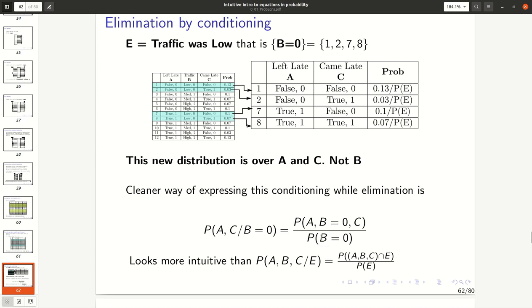Can we use this? Will it cause confusion? Because whether this is P of B equal to 0, or P of B obtained by marginalizing out A and C. So this is a question of whether our notation is consistent.